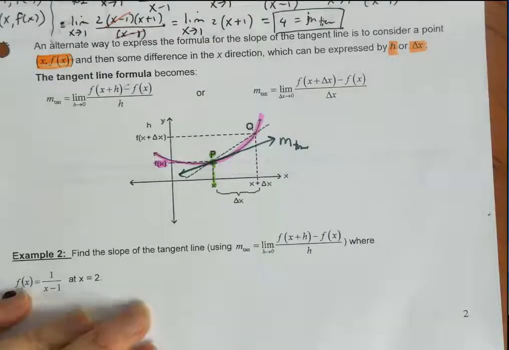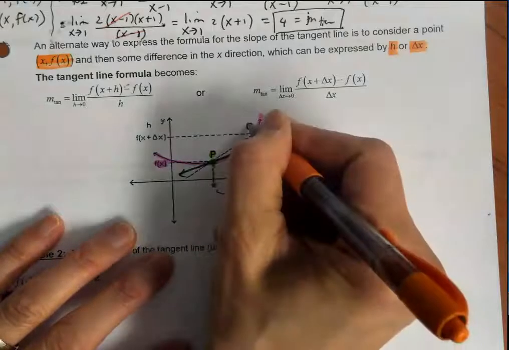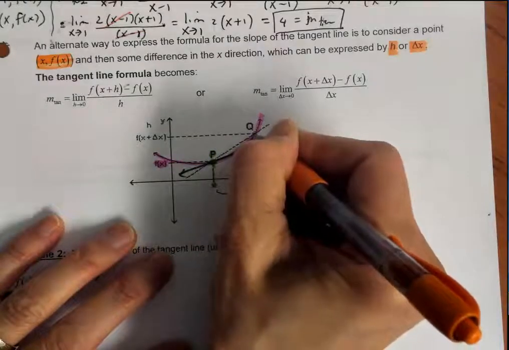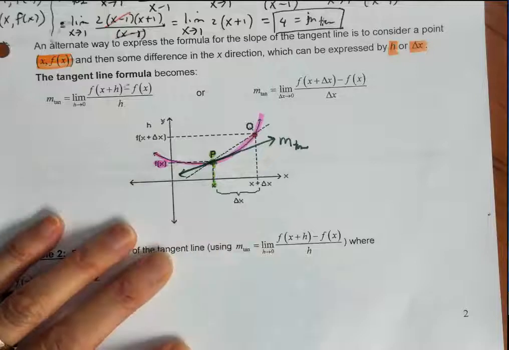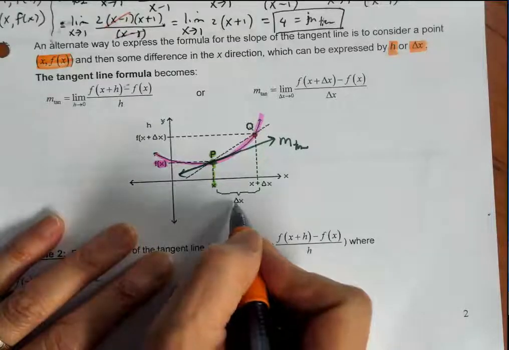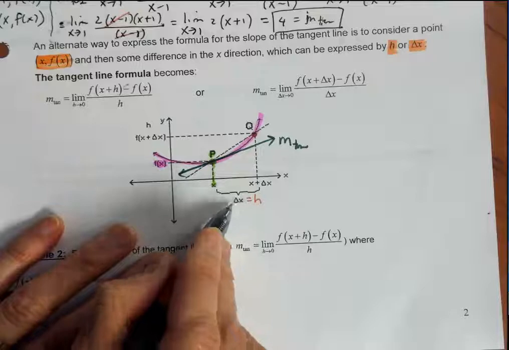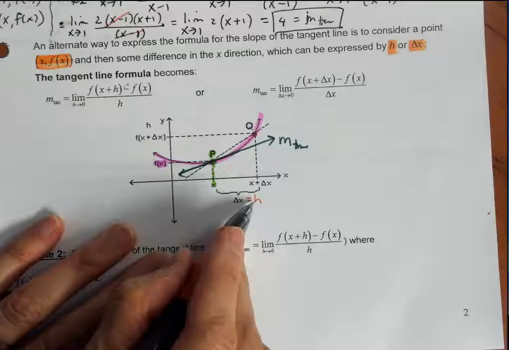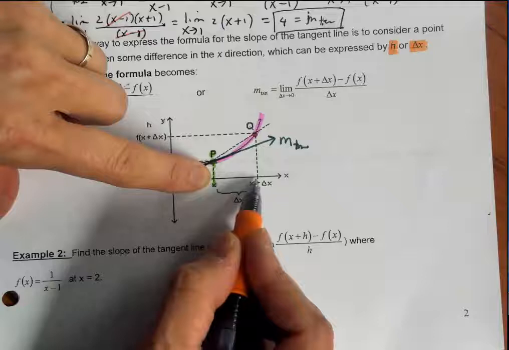So what I'm going to do is create another point. I'm going to call it my Q point, some distance away. Right, so this time, instead of saying this is a separate point, I'm using this delta x, which is exactly the same thing as what h is. Okay, so just write delta x is equal to h. And so from the given point, I'm going to move a little distance away from there.